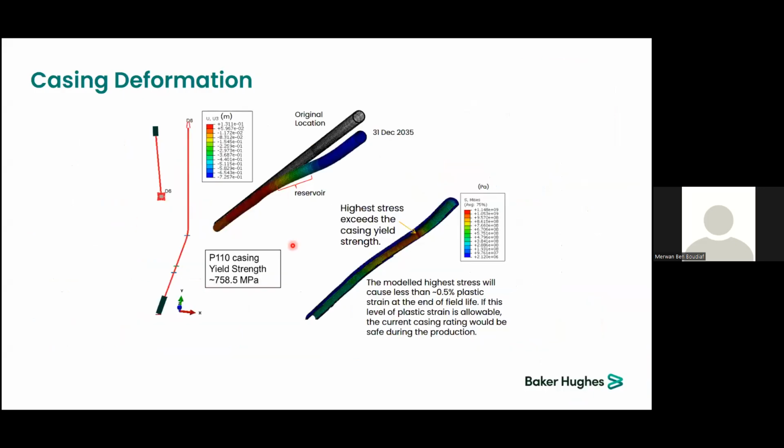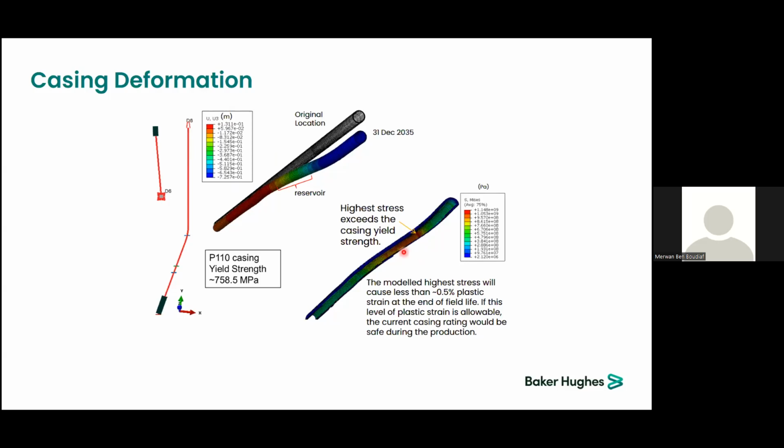Also, you can analyze the stresses that are occurring on the casing, and you can analyze casing deformations. Here at the left is an example of a multilateral well, and at the right you can see an example of casing bending due to high stresses.